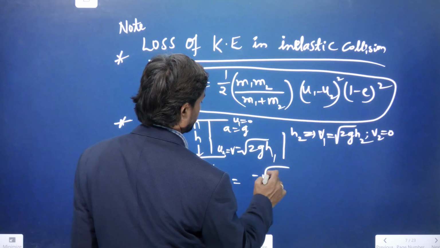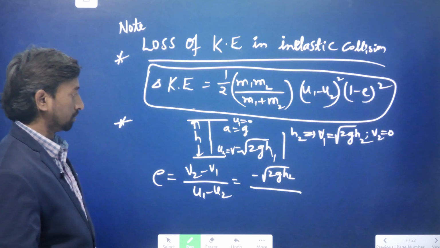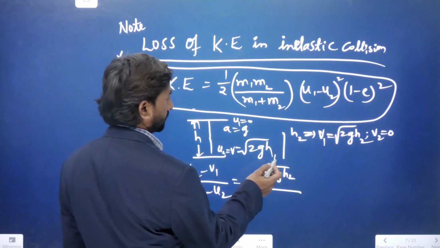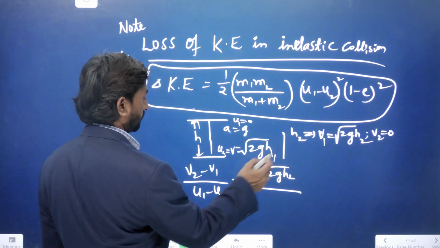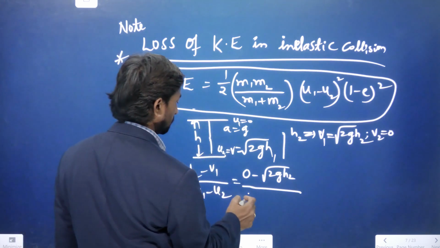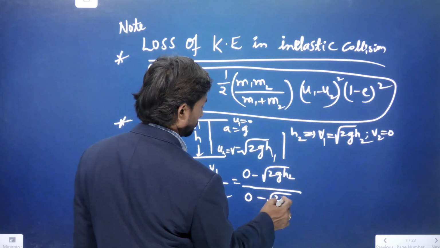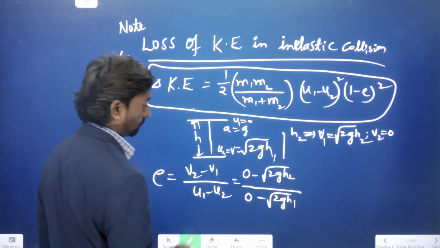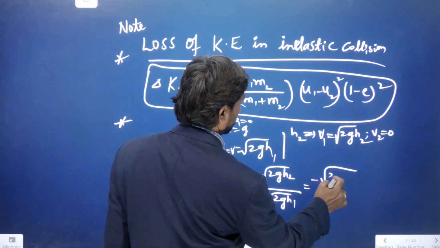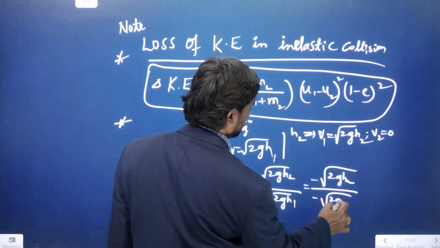Minus the square root of 2gh2, divided by u1 minus u2. v2 is 0, u1 is 0, and u2 we got as the square root of 2gh1. So from this expression, we get minus the square root of 2gh2 divided by minus the square root of 2gh1.